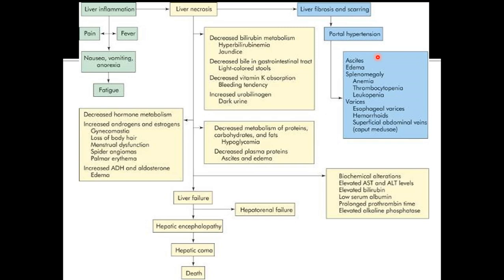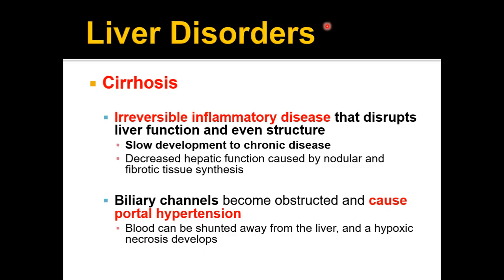And a rigid liver, a really dense liver, is harder for blood to flow through. And so that's going to cause this portal hypertension, which will lead to things like esophageal varices and so on. So understanding the reasons behind these larger boxes here is going to help you understand what's going on with chronic liver inflammation leading to necrosis, which leads to fibrosis and scarring.